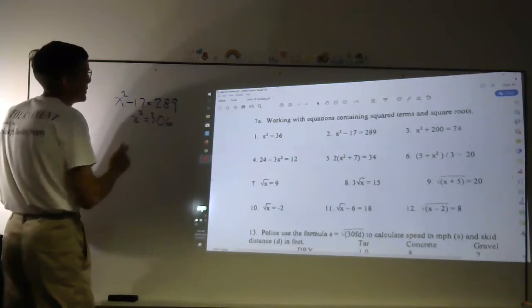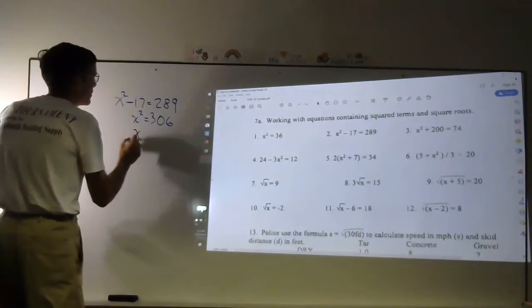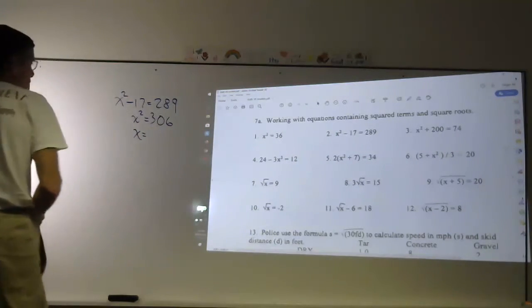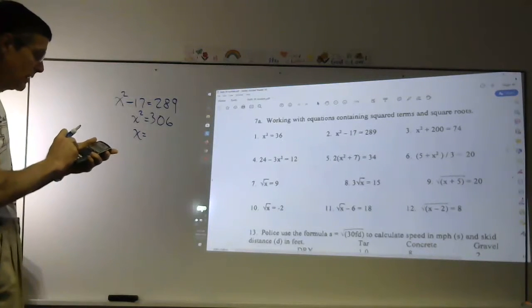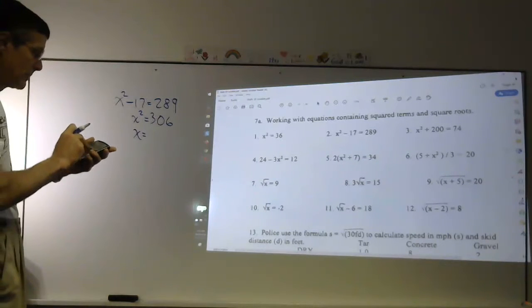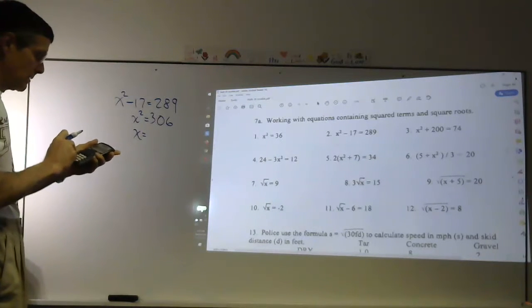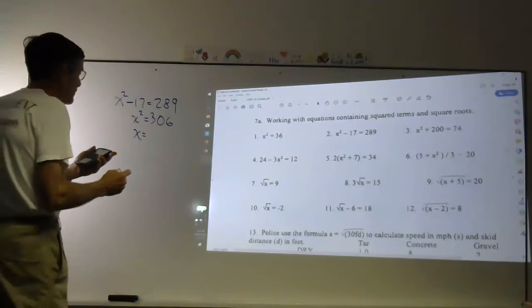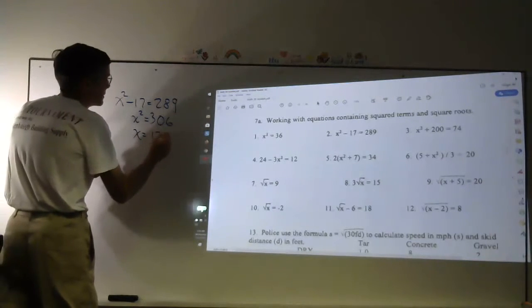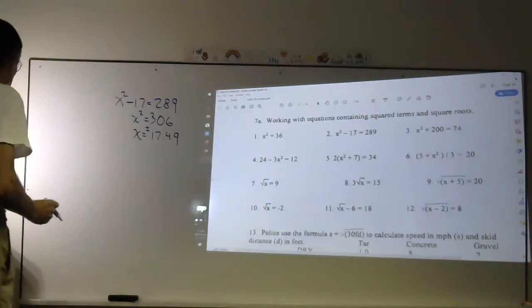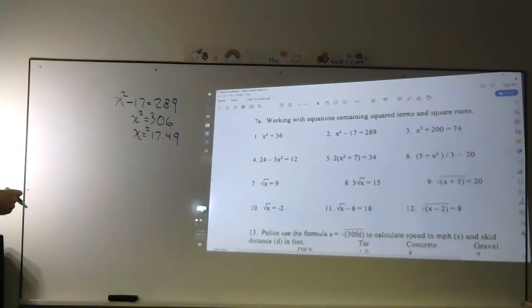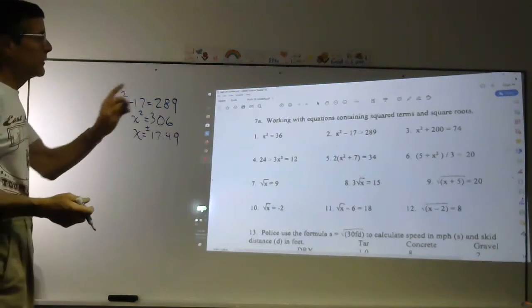So I want the square roots of 306, and I get plus or minus 17.49.